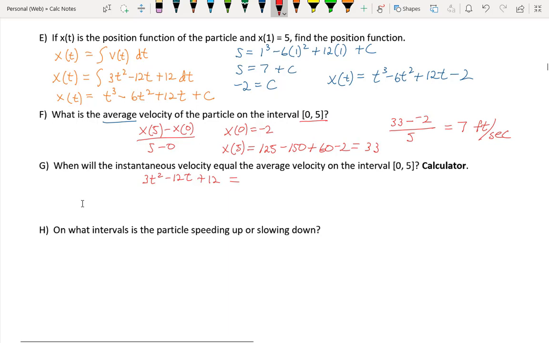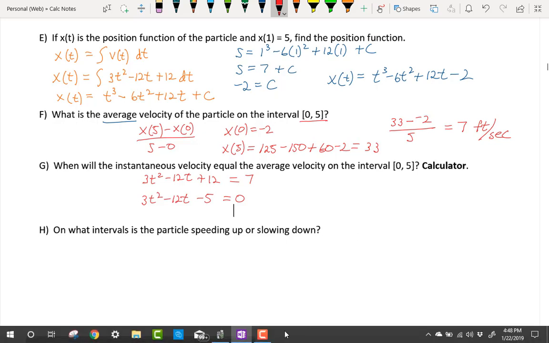Well, we just found the average to be 7. So if we subtract 7 on both sides, we get 3t squared minus 12t plus 5 equal to 0. Not sure if we can factor that. Interesting. So we would have to graph this on our graphing calculator again.